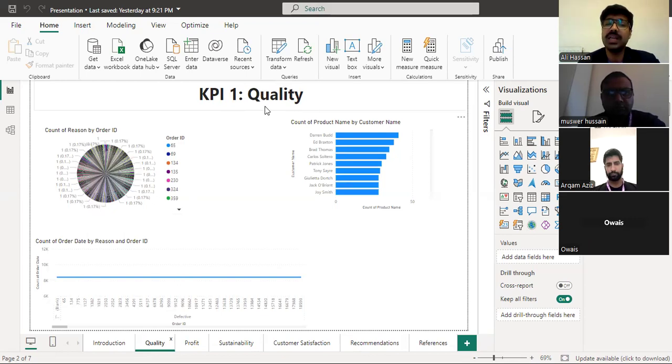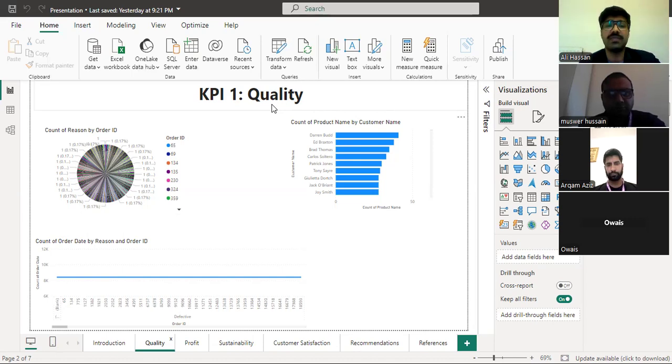It is very crucial because it reflects both customers' satisfaction and business. We use information from both the orders and returns sheets to analyze things.